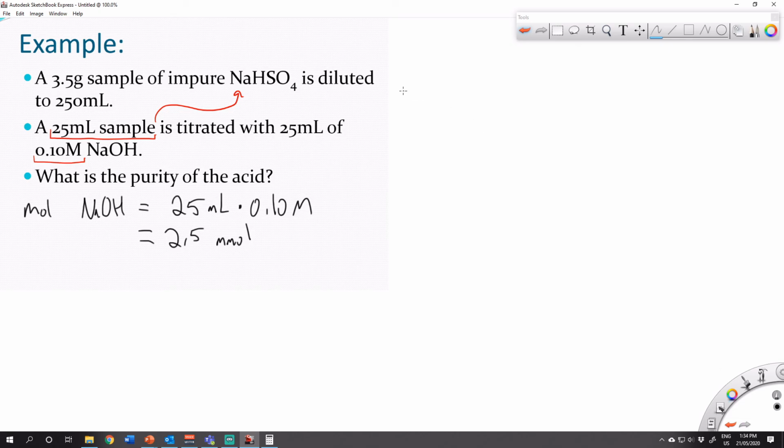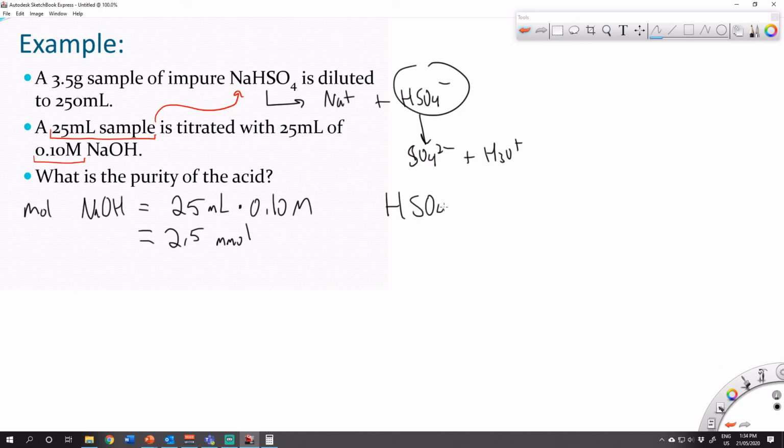Now, the NaHSO4 will dissolve into sodium ions, which don't react with water, and HSO4 minus, which will react with water to create SO4 2 minus and hydronium. This is what we're going to try and neutralize. When we take that into account, we write our neutralization equation.